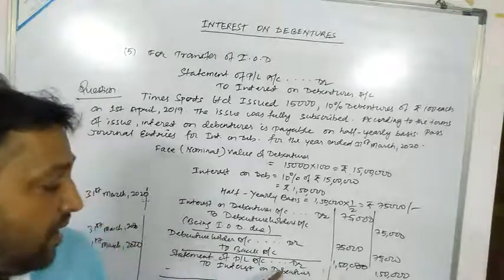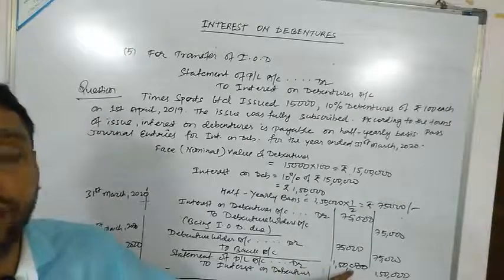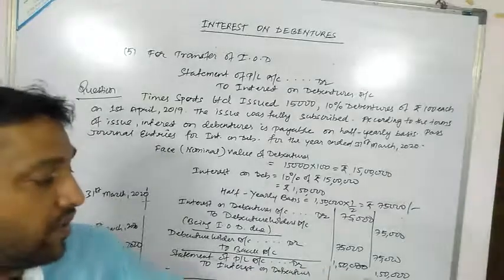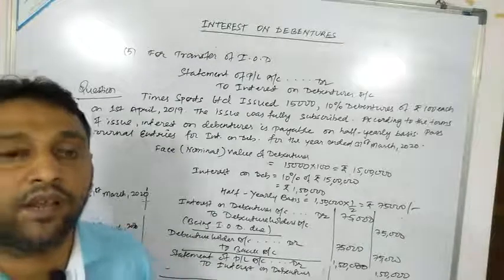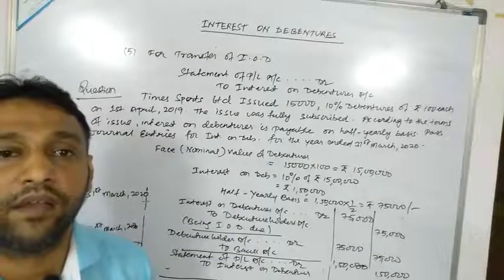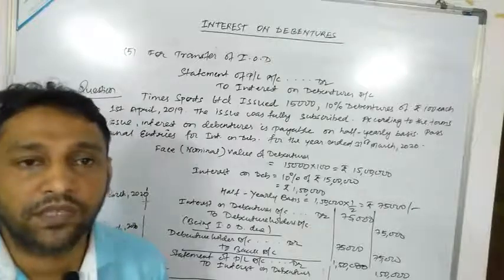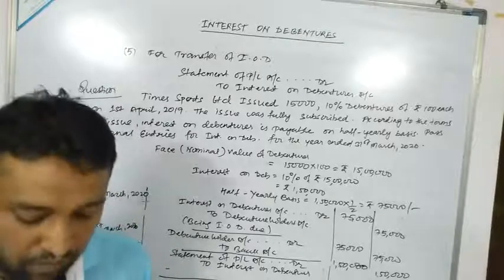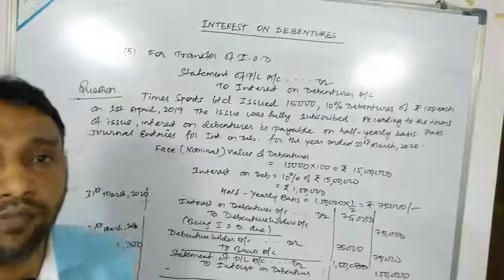So what will be the entry, statement of profit and loss account debited 1,50,000 to interest on debenture, 1,50,000. What is the narration, narration is your being interest on debentures transferred. Okay, so this is how we are likely to pass the journal entry in case of interest on debentures.